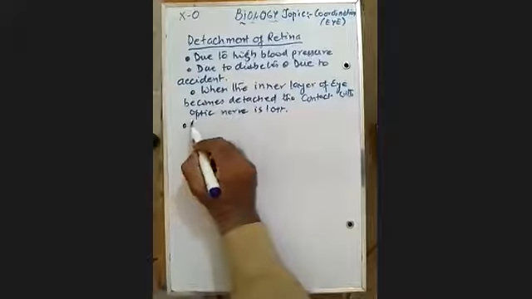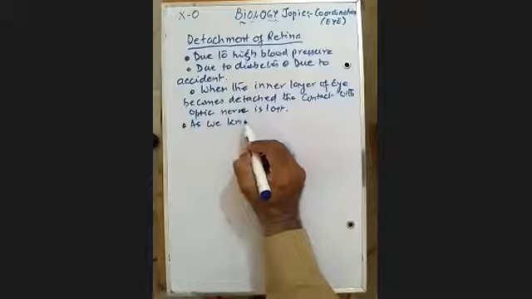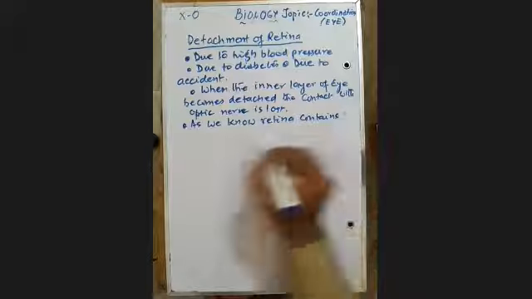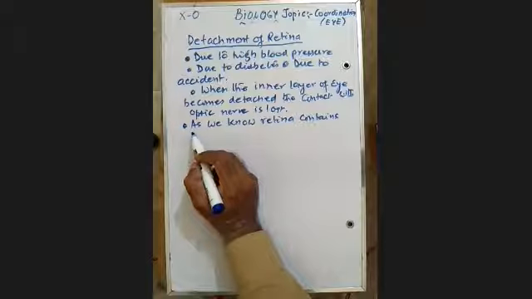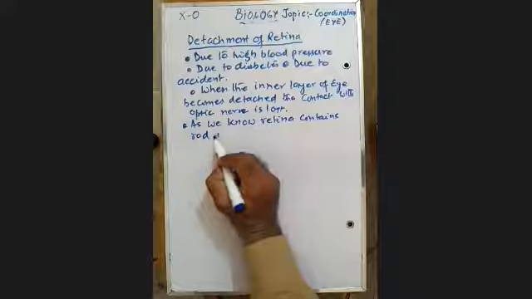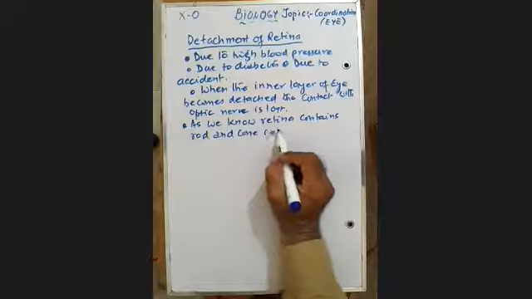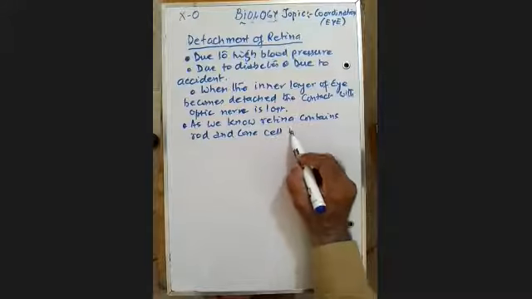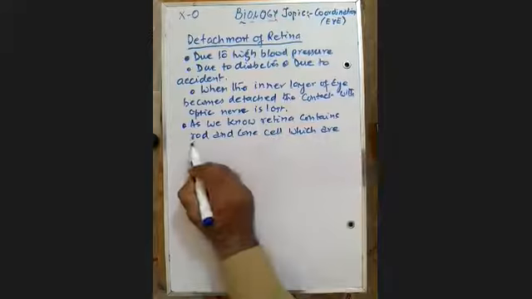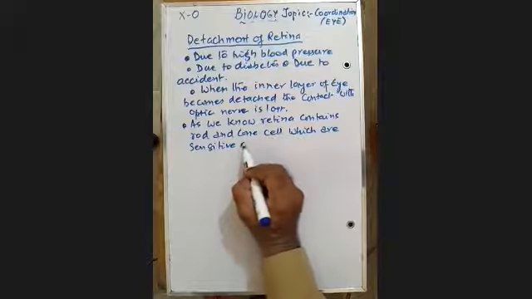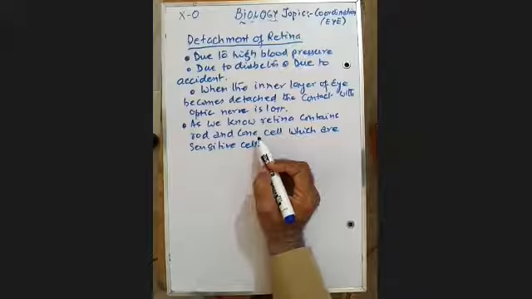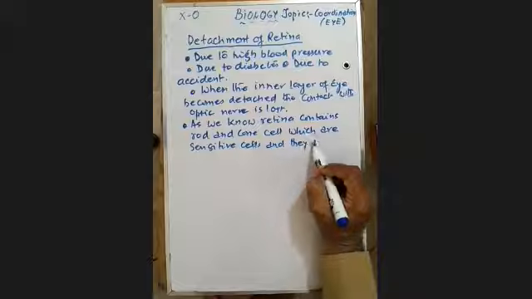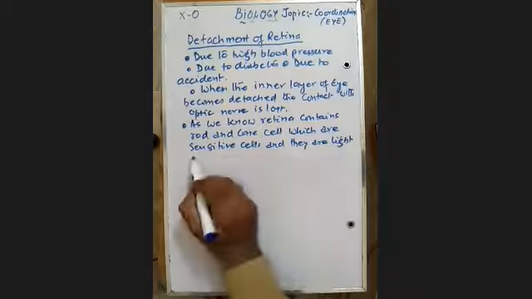As we know, the retina contains rod and cone cells, which are sensitive cells, and they are light receptors.